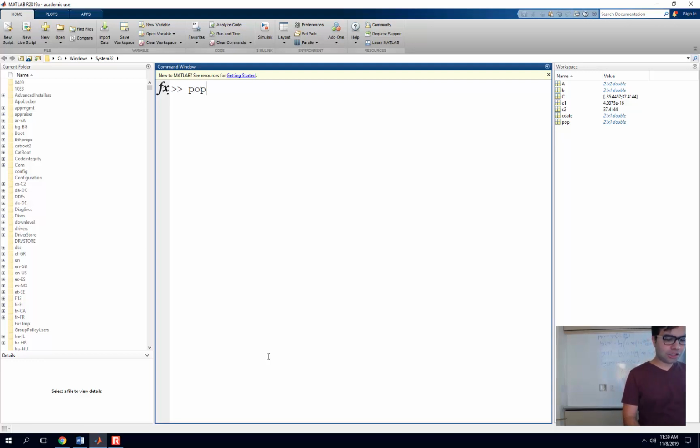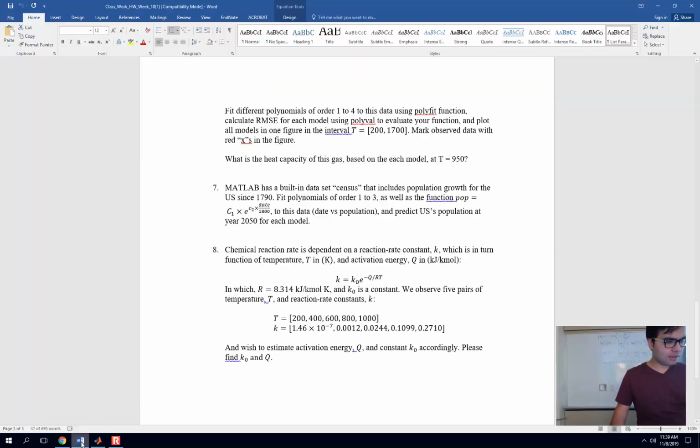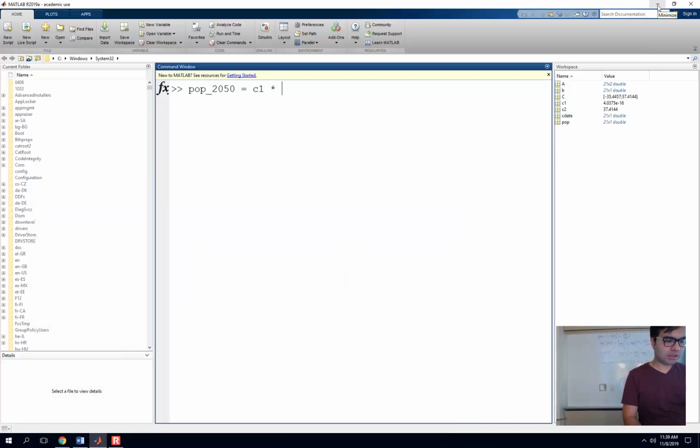So population underscore 2050 is C1 times exponential of C2 times 2050 divided by 1800. That's going to be the population in year 2050 based on our model.